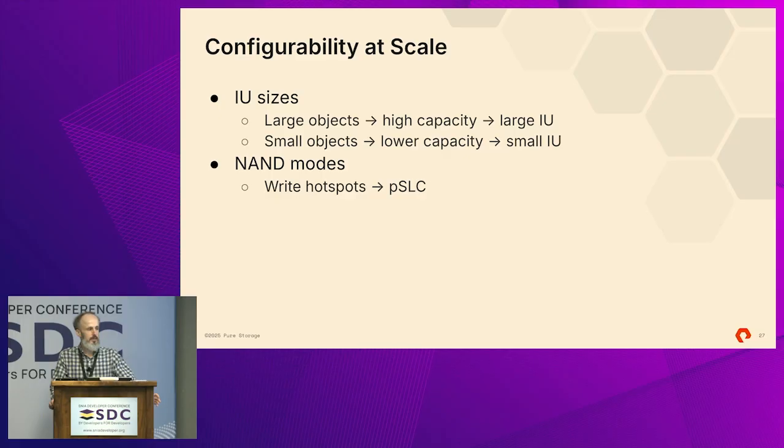Well, QLC NAND can also be programmed in pseudo SLC mode. PSLC offers higher throughput, lower latency, more program erase cycles, and requires less power. There's a cost though. It's only 1 bit per cell, as it is, after all, SLC. So PSLC should be used intentionally only when a workload needs it.